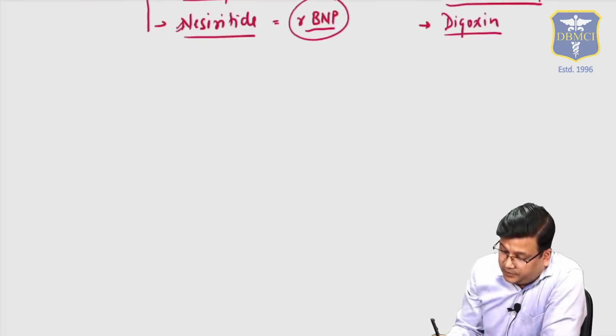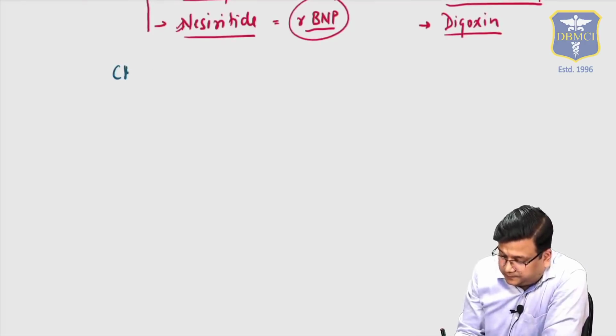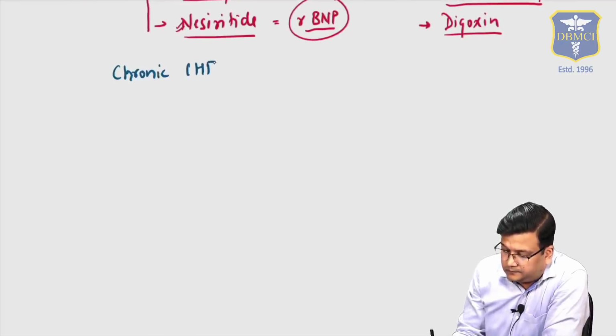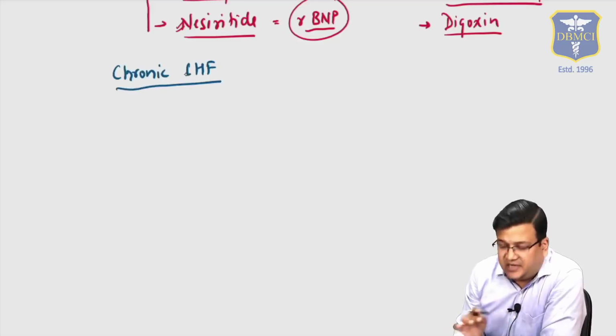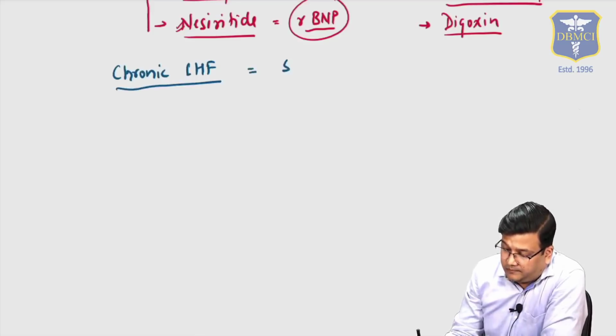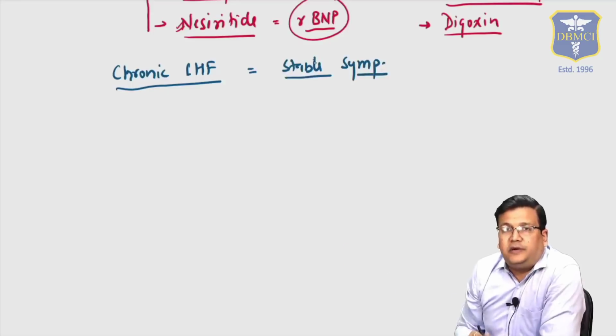Then we come to treatment of chronic CHF. The patient has mild to moderate symptoms and is stable. How do we treat this?